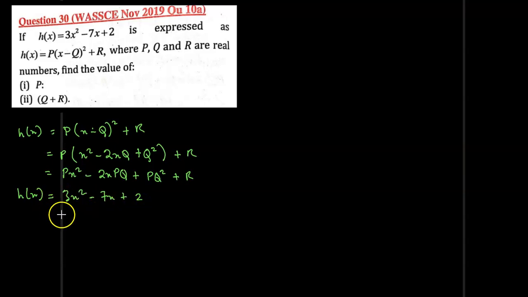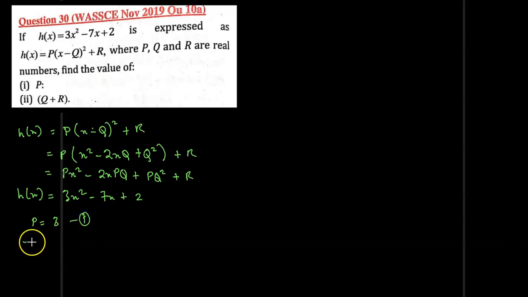So comparing, the coefficient of x squared, which is p, is equal to 3 over here. So this is equation 1.